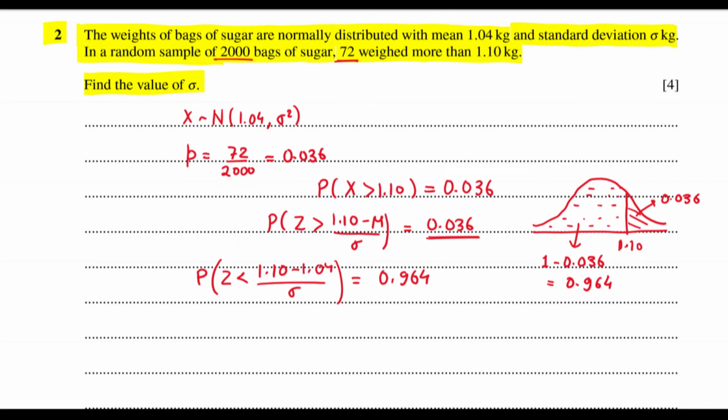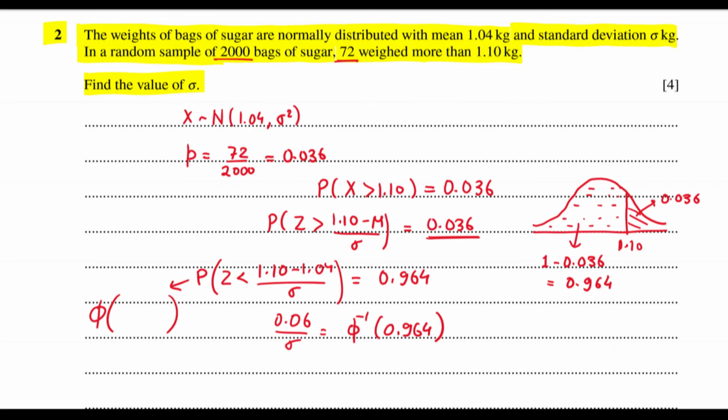So now we can calculate by taking the phi inverse, because this thing becomes phi of z. So it is 1.10 minus 1.04, which is simply 0.06 upon sigma, and then it would be phi inverse of 0.964.